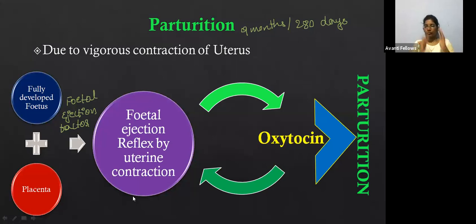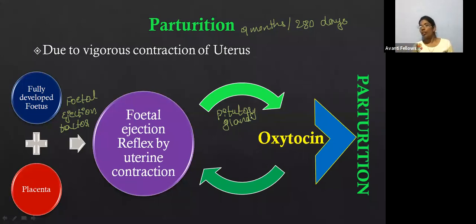Understand till here? Now, this fetal ejection reflex, or the mild contraction of the uterus, is going to stimulate the pituitary gland. Pituitary gland of the mother or pituitary gland of the child? Yes. The mild contraction of the uterus is going to stimulate the pituitary gland of the mother. Very good.